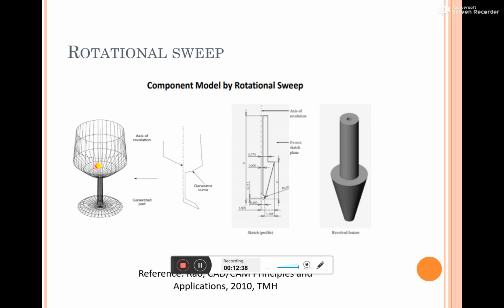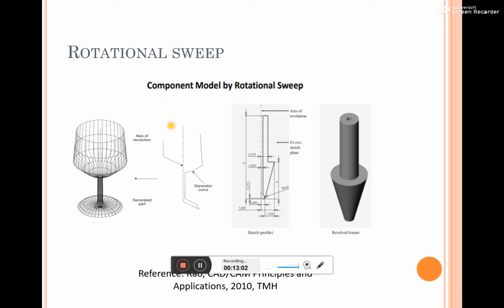To develop this 3D model, we use this line and this curve to develop the two-dimensional sketch. After that we'll select the axis of revolution. Before that, we have to select the sweep option in the CAD software.